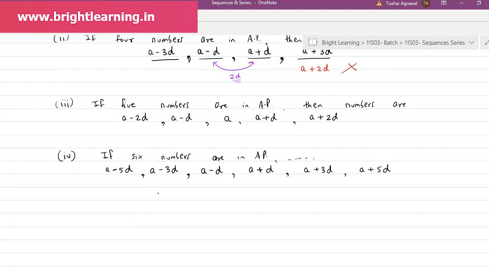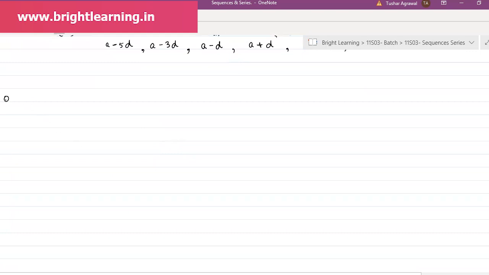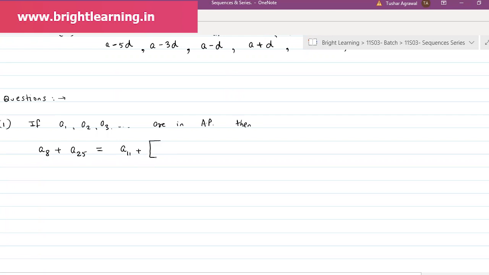So now let's do some questions over AP. If A1, A2, A3, and so on are in AP, then A8 plus A25 is equal to A11 plus which term?